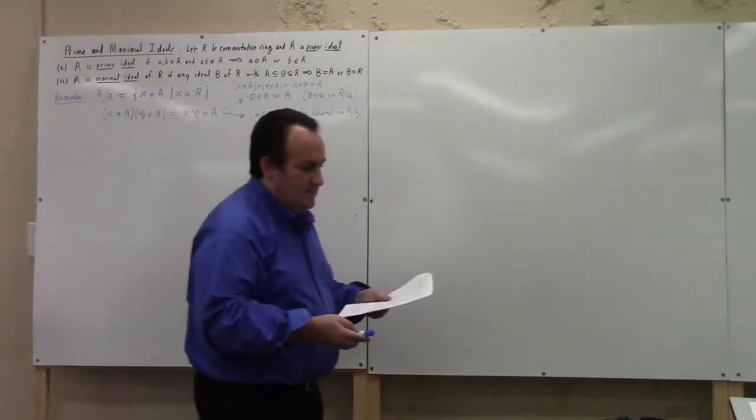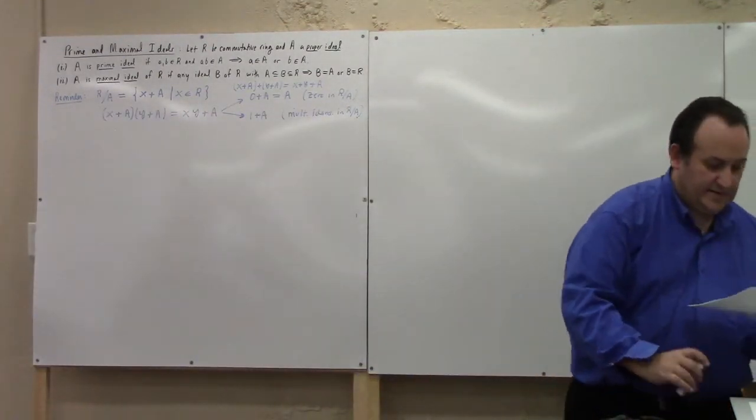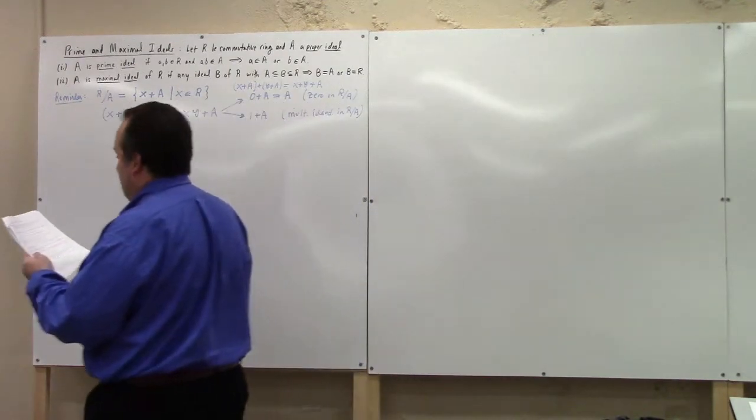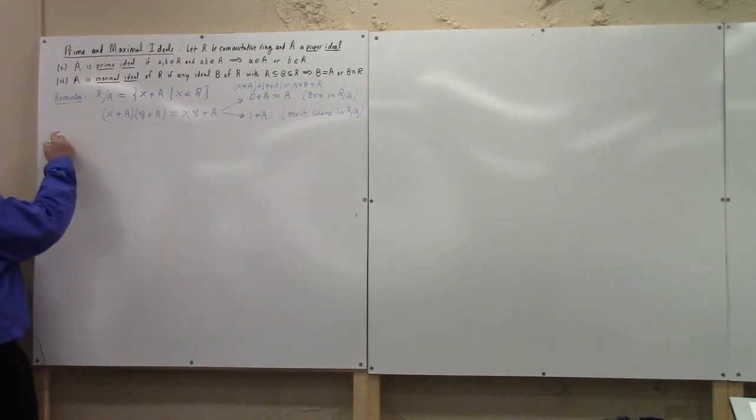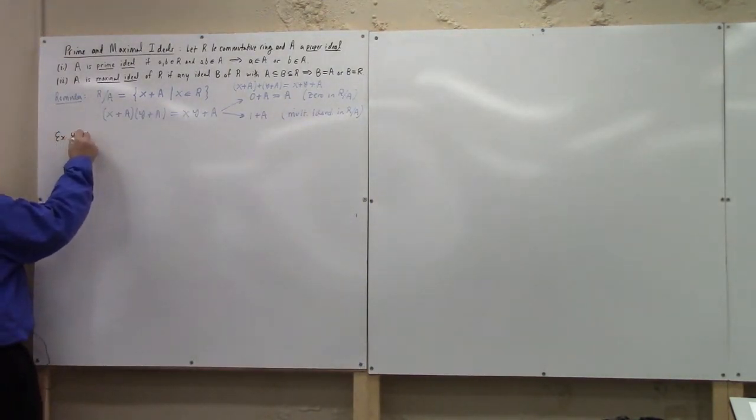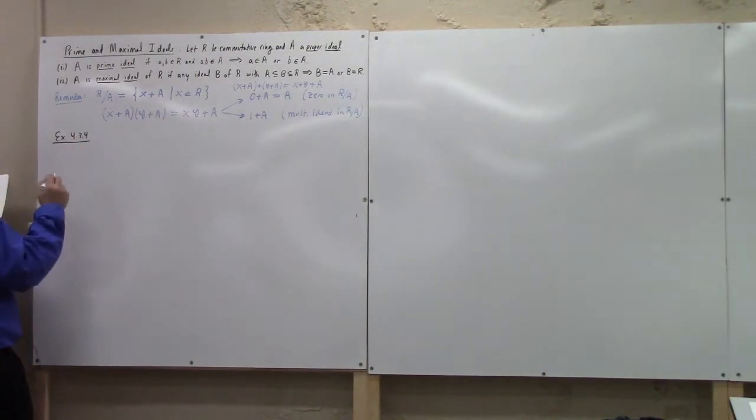I claim that, so this is example 4.34, which I'm tempted to skip, but I will not because I think it's healthy for us to go through. This one's a little bit hard.